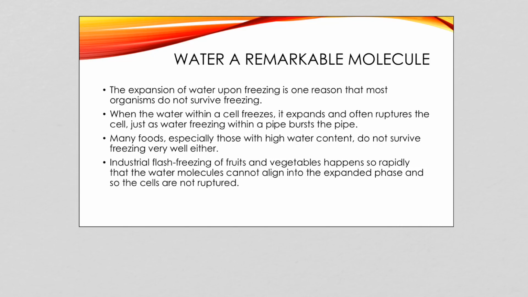Fruits and vegetables don't freeze very well unless we take precautions and do what's called flash freezing so that the water molecules can't expand. They don't freeze in the same way, and so they don't burst the tissue, and so you can thaw them out, and those fruits and vegetables still maintain some of their integrity.